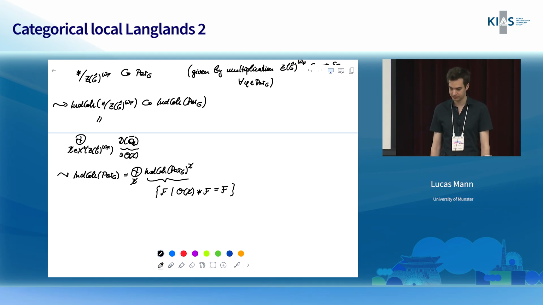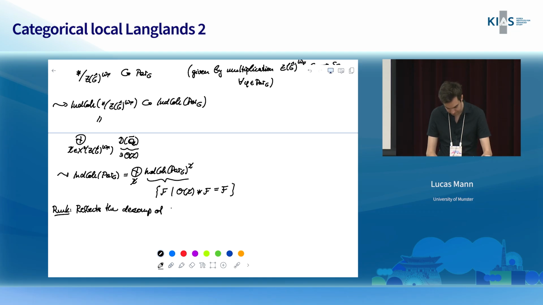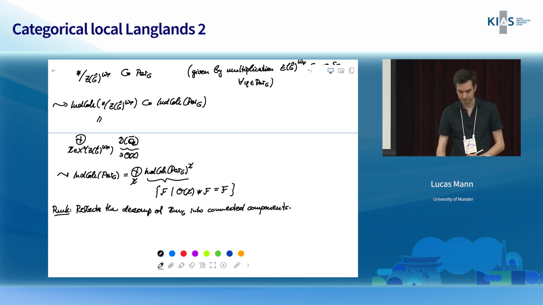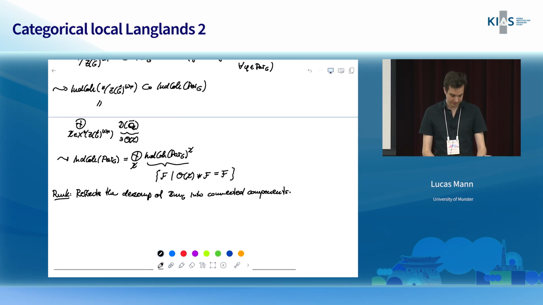Well, first of all, it will appear in a second in the geometric lemma, but also we already know that on the other side of the Langlands correspondence we have a similar grading, namely this reflects the decomposition of Bun_G into connected components, because they are also parameterized by the same chi's.